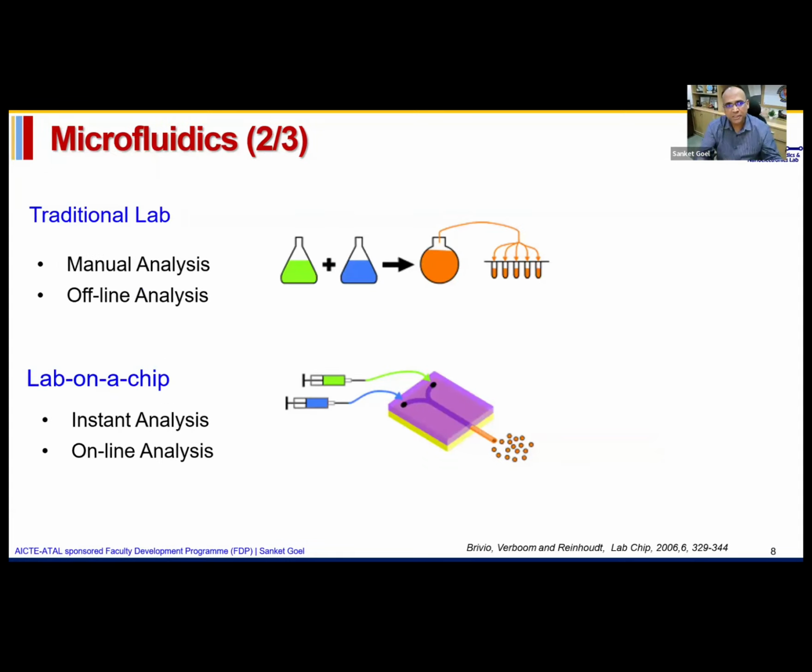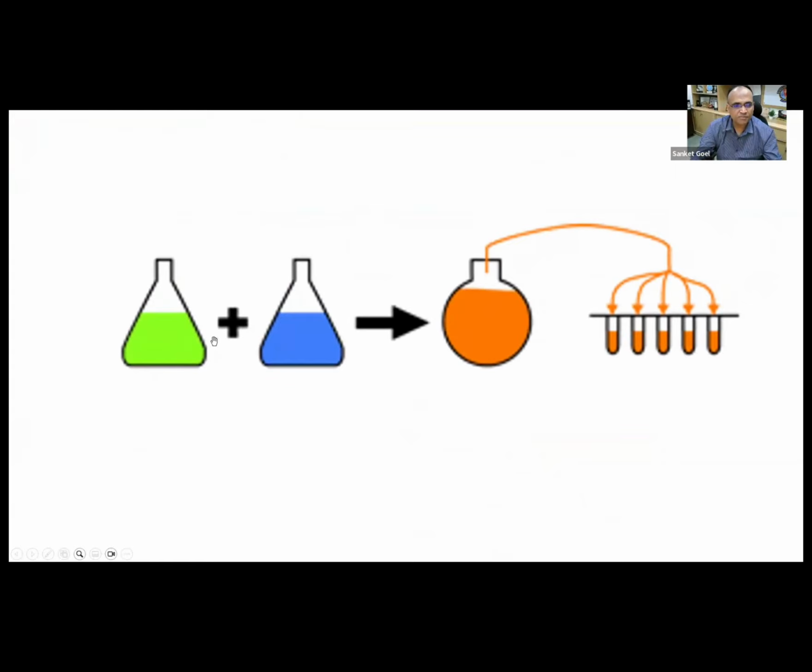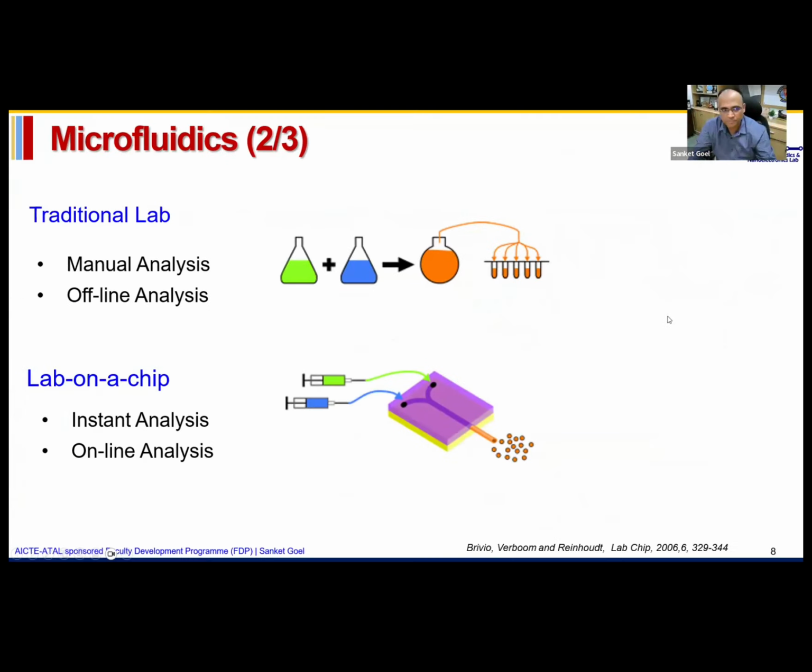So, traditionally, I'm sure that many of you are chemists. So, in chemistry labs, all of us have gone through chemistry labs. We do manual analysis. We have beakers. We want to mix two different fluids, two different chemicals. We mix them. We get a bigger fluid with both the constituents, and we can create aliquots in whatever way we want.